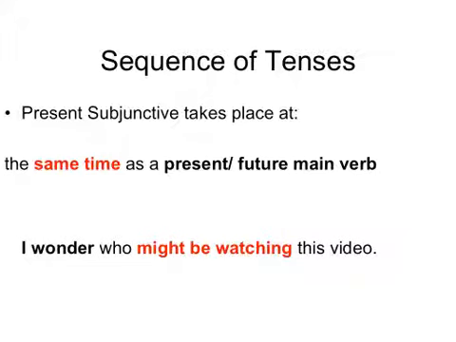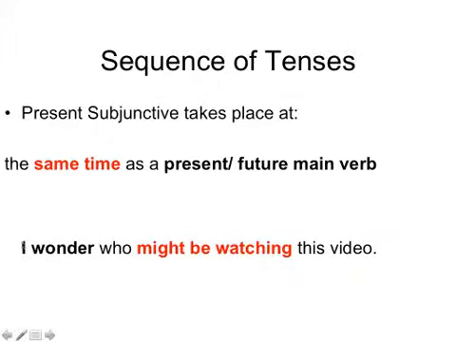Okay, so the next question is, when do you use the present subjunctive versus when do you use the perfect or past subjunctive? You can use the present subjunctive in any of those clauses we talked about before if the subjunctive verb happens at the same time or after a present or future main verb.